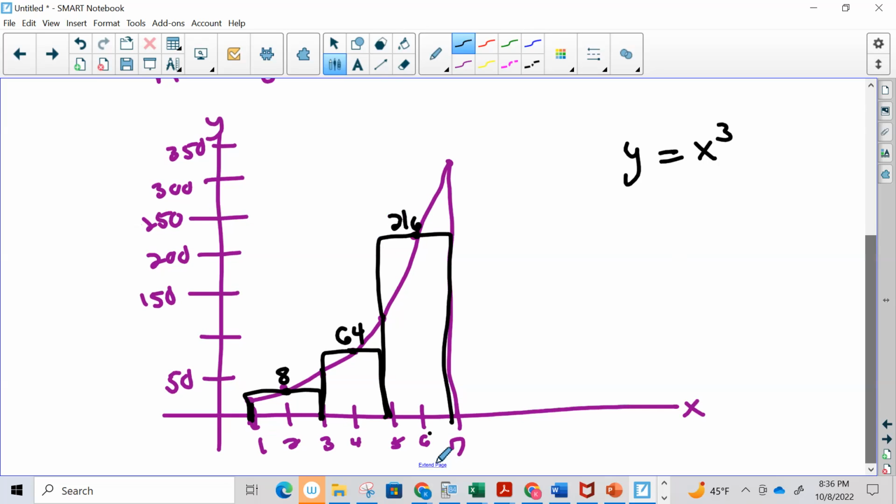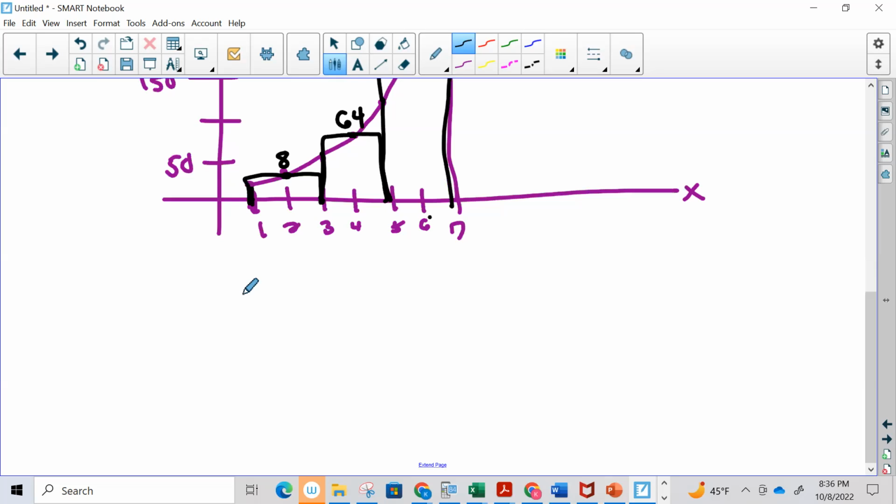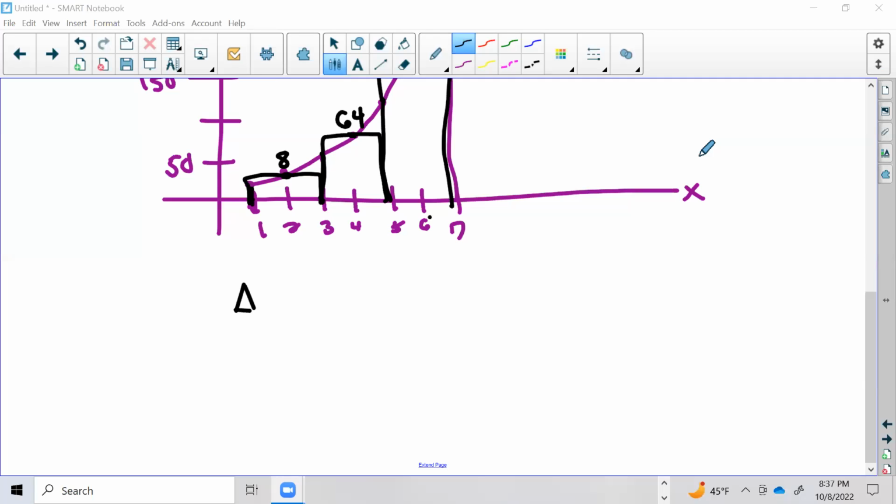And then when I find the area, I'm going to use those heights at the midpoints.